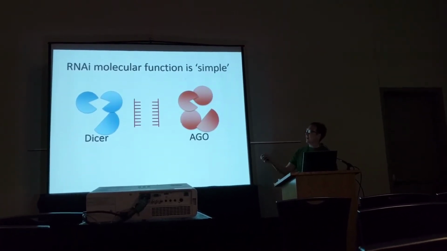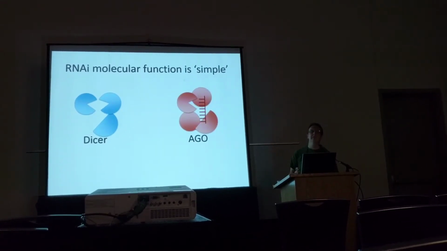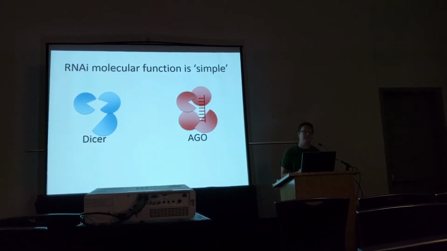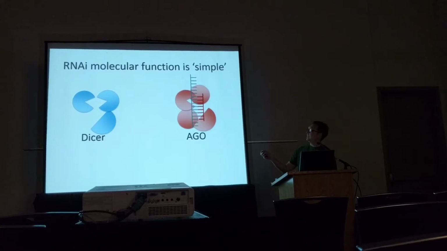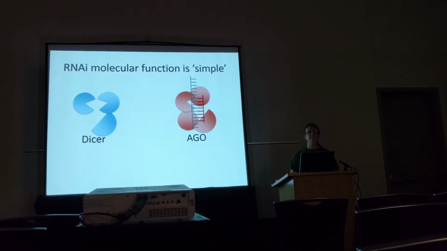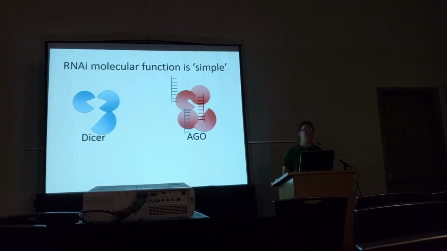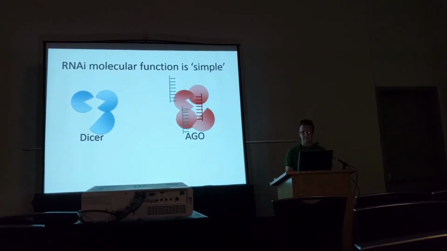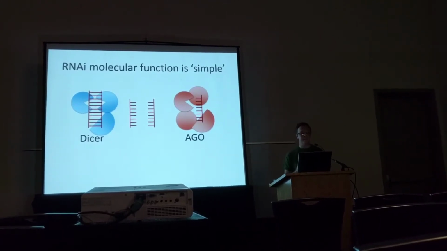Now, one of these strands gets attached to an Argonaute protein, which basically creates an effector molecule. And what this effector does is it uses this RNA to identify sequence-complementary RNAs and then either degrades them or otherwise regulates their functioning. And conceptually, that's it. That's what RNAi does.